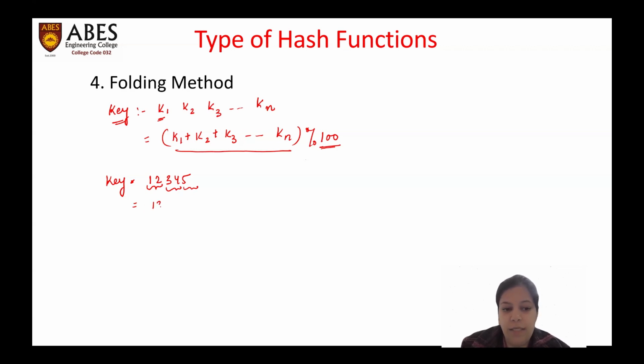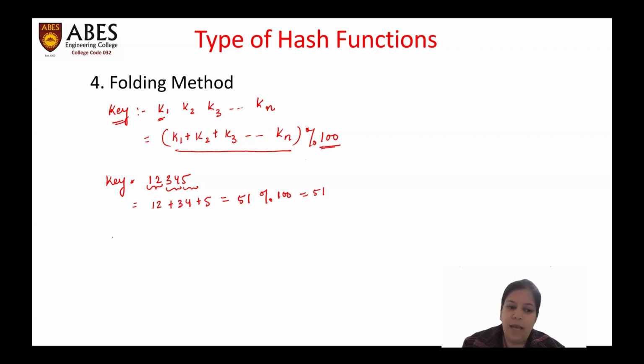And we are going to add up these numbers, 12 plus 34 plus 5, and this will give us 51. Then we are going to take this number modulo 100. So we will again get 51.